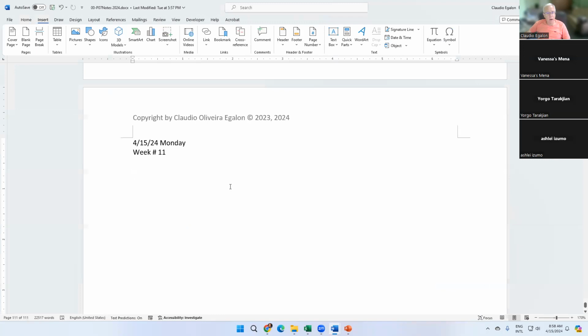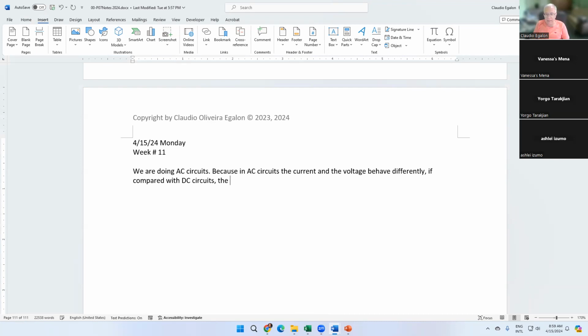Okay, and we start, remember, we're doing AC circuits. Because in AC circuits, the current and the voltage behave differently if compared with DC circuits.